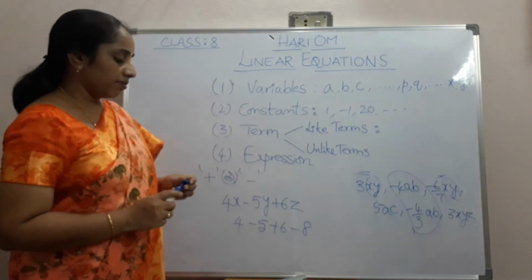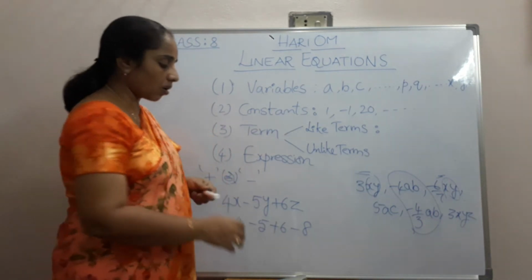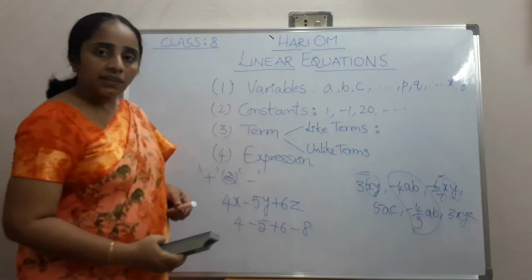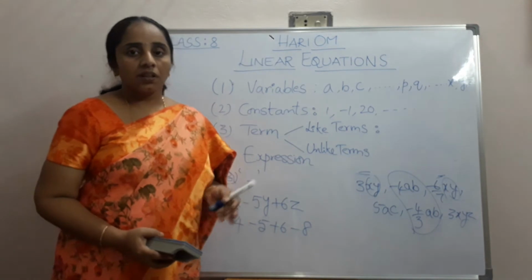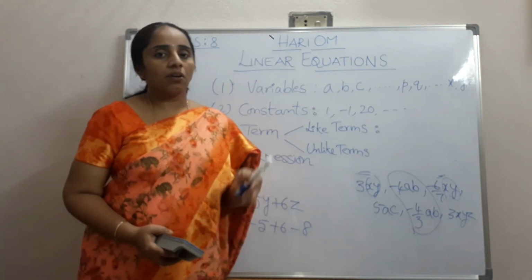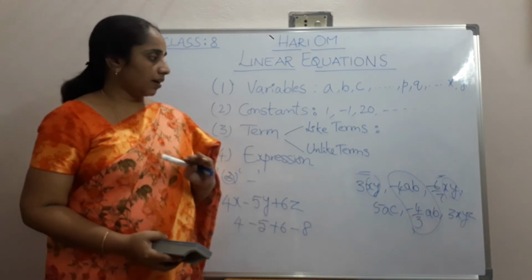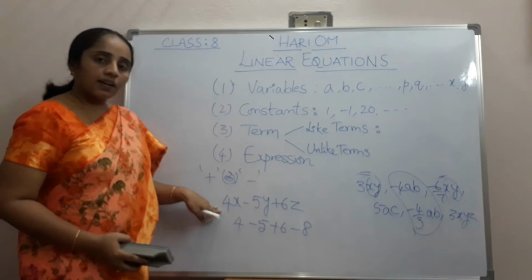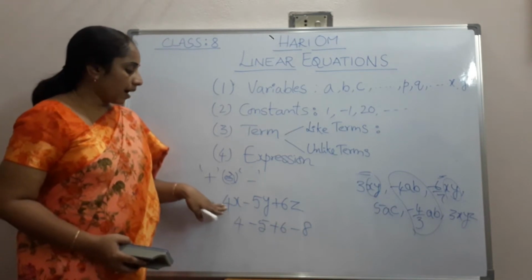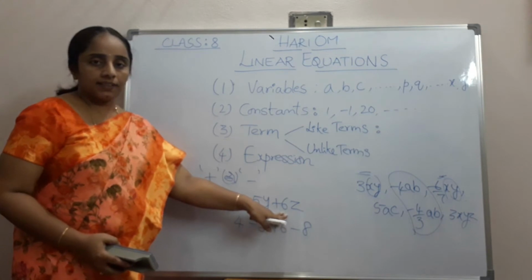While in addition or subtraction, if the terms are like terms, then only we can add or subtract, or else we can leave it as it is. Here see in this example, I have 4x minus 5y plus 6z.